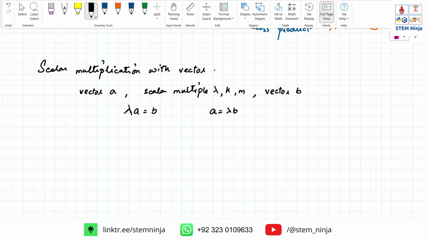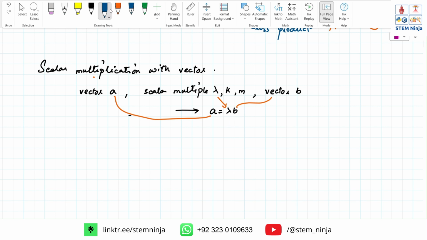But obviously these two lambdas would be different. More often than not, you will actually see this. So this A is a vector, this is a scalar multiple, and this is a vector. So this means that when you multiply a scalar with a vector, you get another vector back.